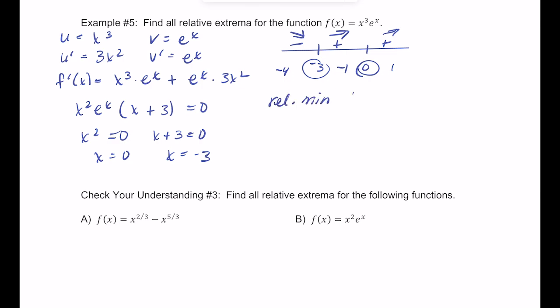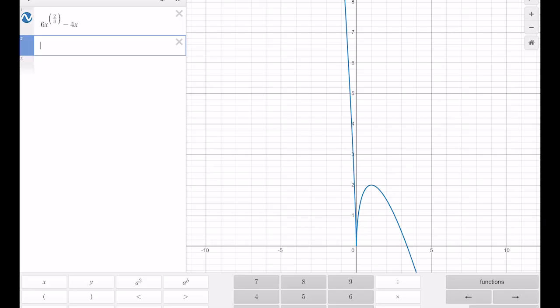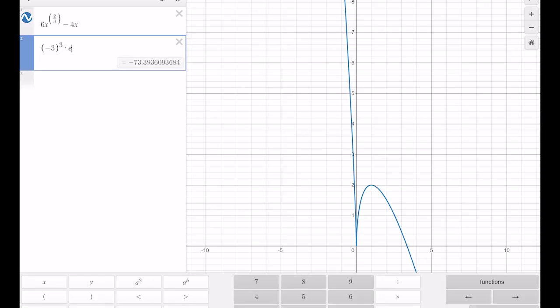And the relative minimum would be at f of negative 3. So if I go back to my original function, plug in a negative 3 in both of those places. If you need to use a calculator for this, you've got in parentheses, negative 3, and then to the third, and then times e, and then it's to the negative third.